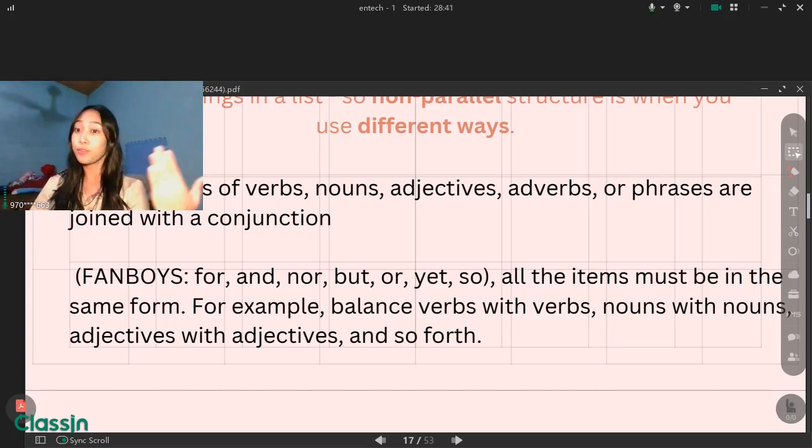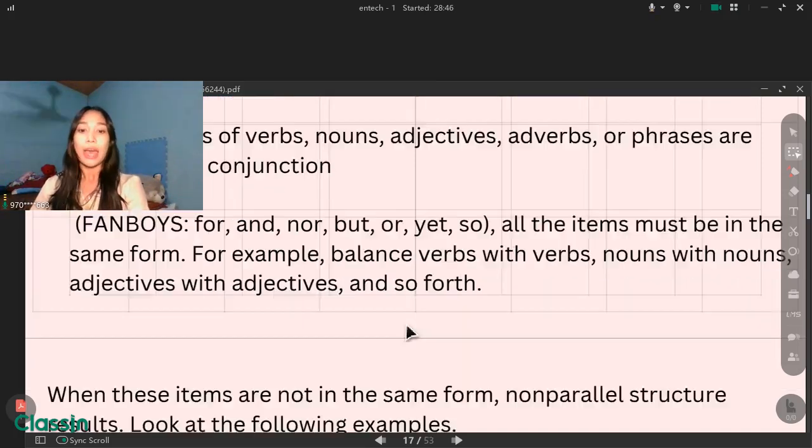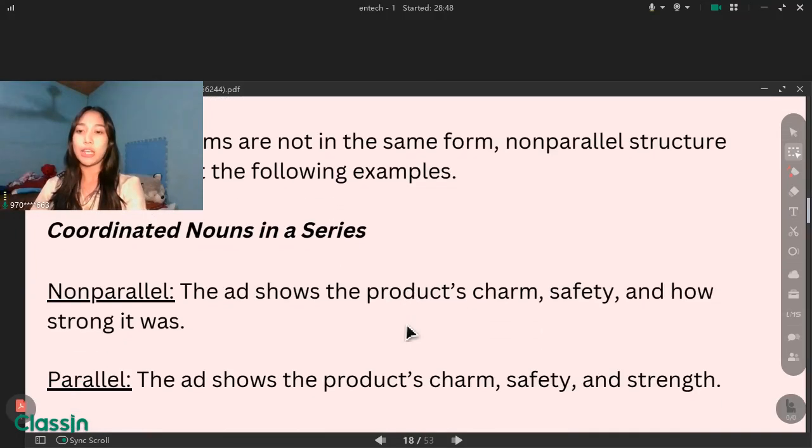To further understand what is non-parallel structure, let us look at the examples that we have here. In the first example, we are going to use coordinated nouns in a series. We have a non-parallel sentence: The ad shows the product's charm, safety, and how strong it was.